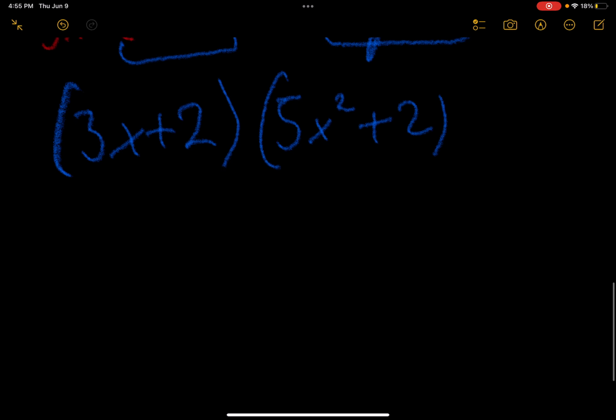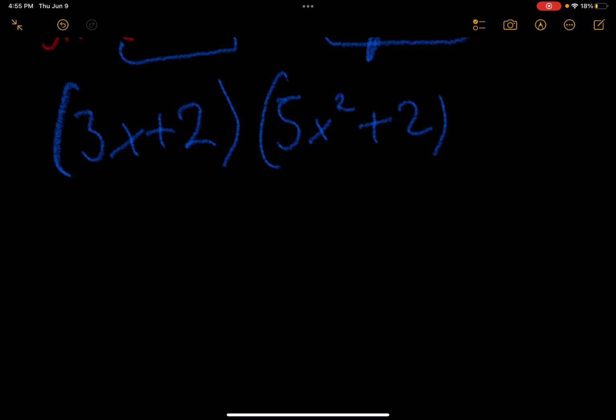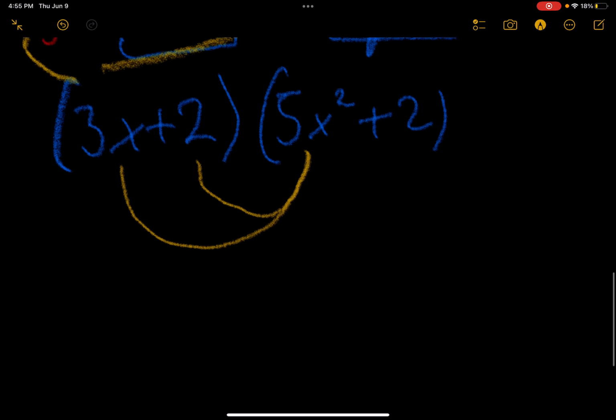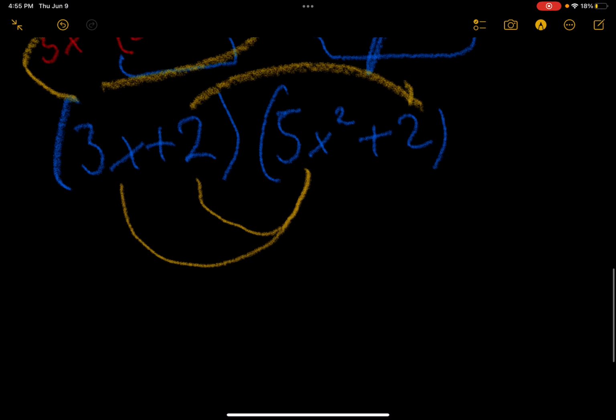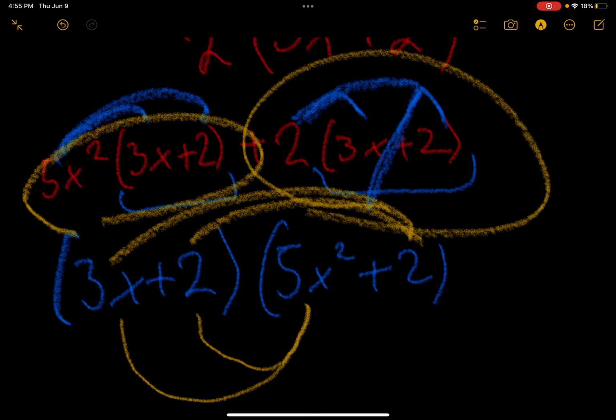And we can even prove that this is actually accurate, because if you notice here, multiply that and that, you get this form. Multiply this and that, you would get this form, right? So that's how we know that.